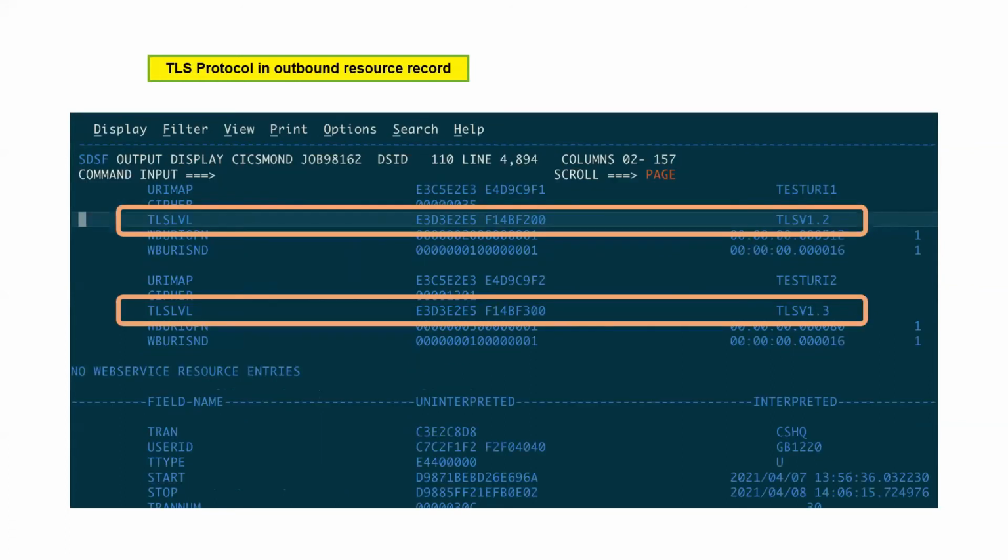So we put this in the outbound resource records. So you've got there both the ciphers and the TLS levels, and you can see on here that the transaction that we were using here as a test had two outbound connections, one of which was connecting to a server which only supported TLS 1.2, and the other server supported TLS 1.3.